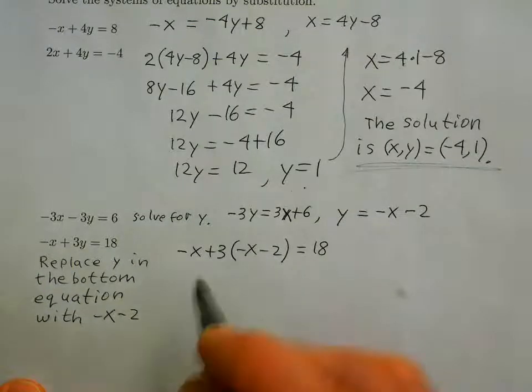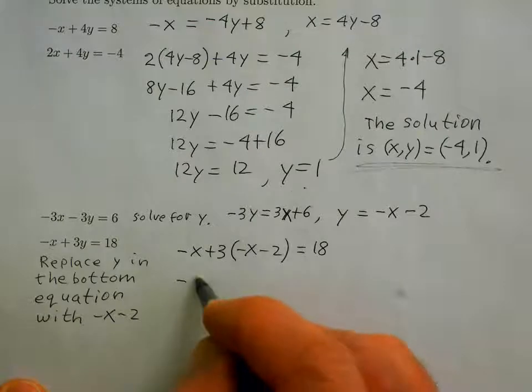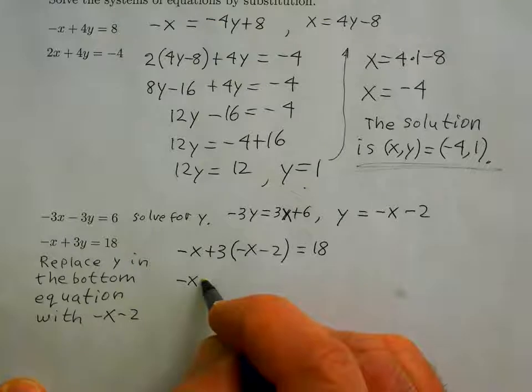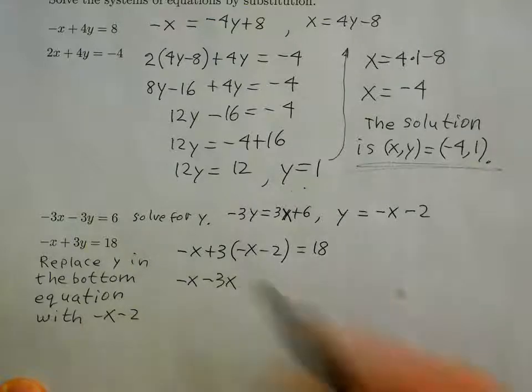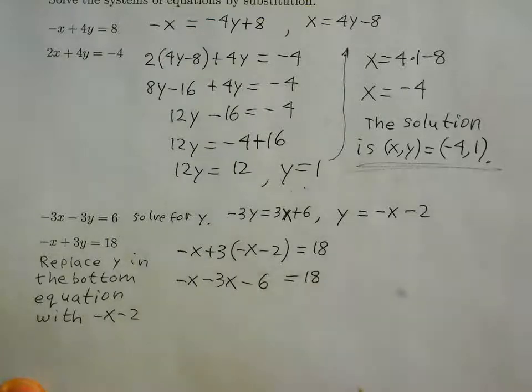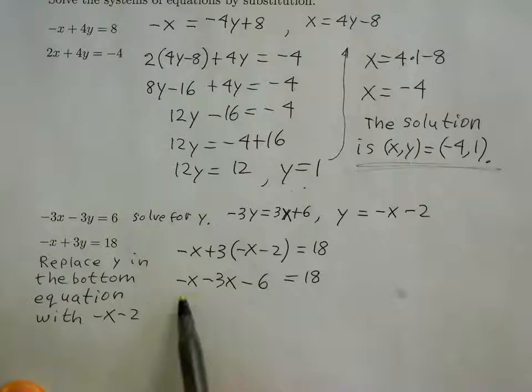So algebra and arithmetic, negative x, and then plus 3 times negative x, that's equivalent to minus 3x. And then minus 3 times 2 is minus 6, equals 18. We'll combine like terms. Negative x minus 3x is negative 4x.